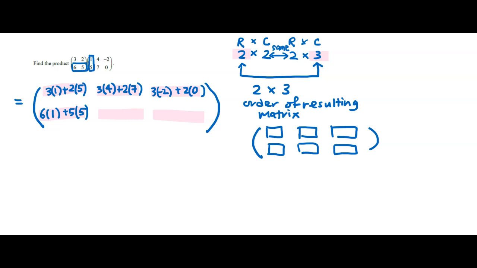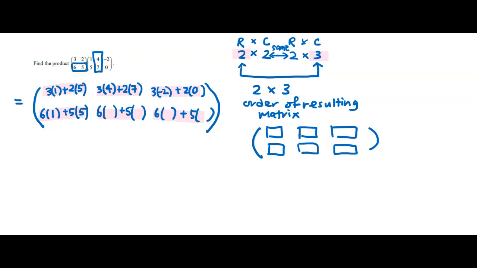Next, I'm going to erase the first column of the second matrix, and what I'm going to do next is to multiply the second row of the first matrix with the second column of the second matrix. So again, it is in the format of 6 times something plus 5 times something. As well, you expect that for the last entry.